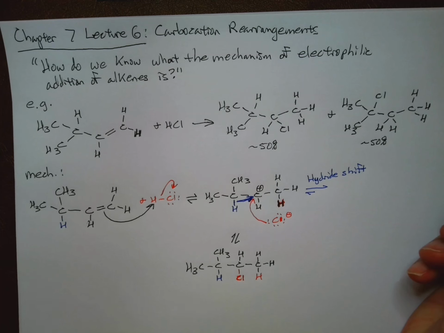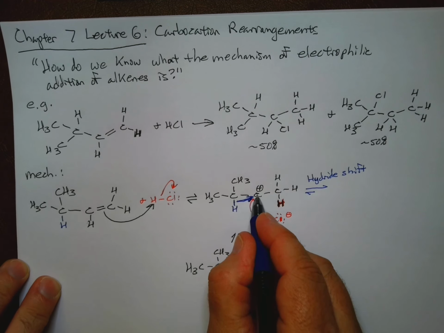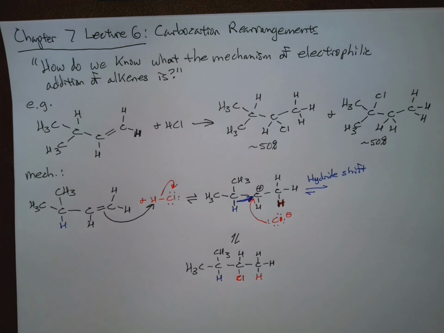Okay, hydride is a hydrogen with 2 electrons. Okay, so proton is just hydrogen, no electrons. Hydrogen is hydrogen with 1 electron, and hydride is negative hydrogen, so hydrogen with 2 electrons. So if the hydrogen and both its electrons hop on over, then we could get the following.